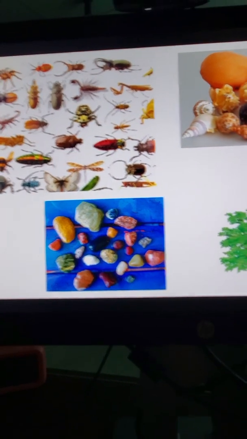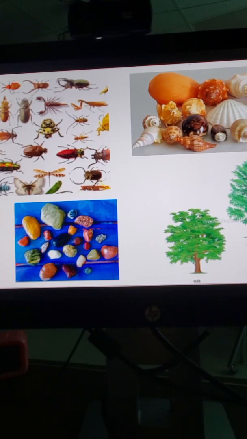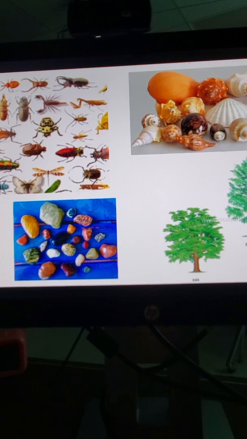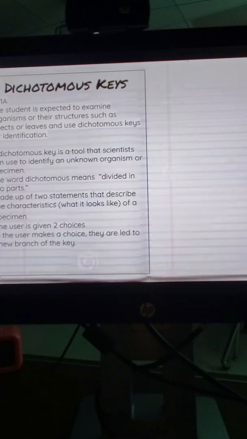And we mentioned yesterday that, using dichotomous keys, you can identify not just living organisms, but even things like rocks and minerals and such.